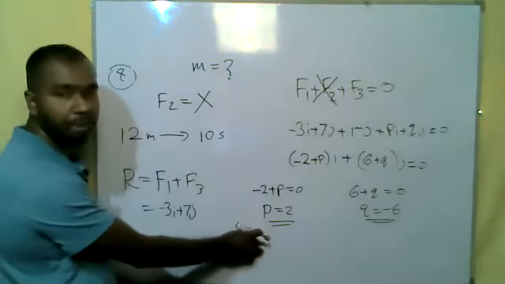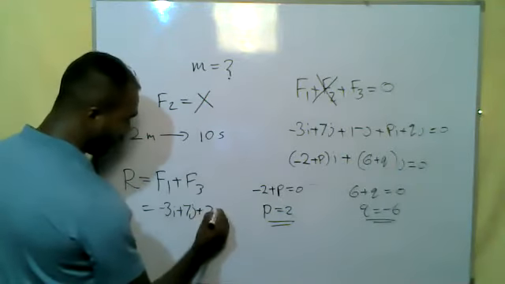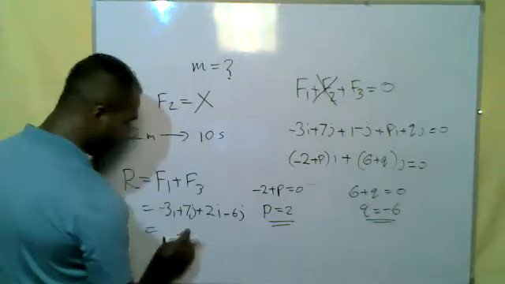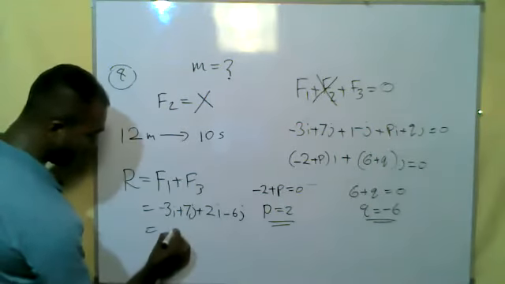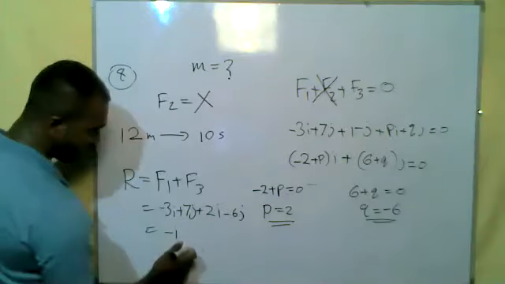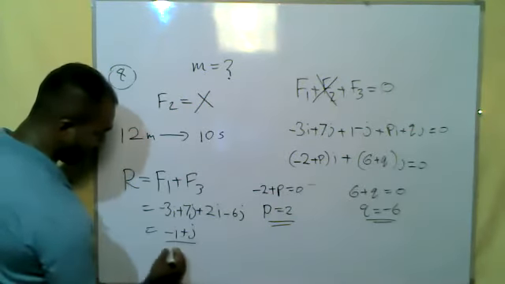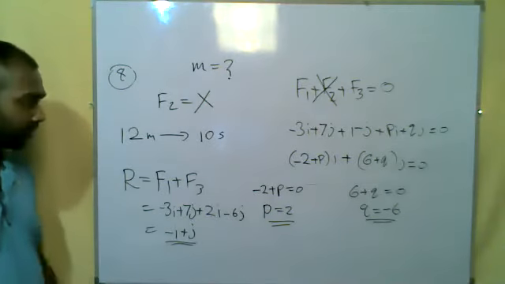We know the values for P and Q. We have found how much P is: P is 2i minus 6j. So when we solve the i components, we got minus i. And what about the j components? We got plus j. So the resultant force acting on the body is minus i plus j.